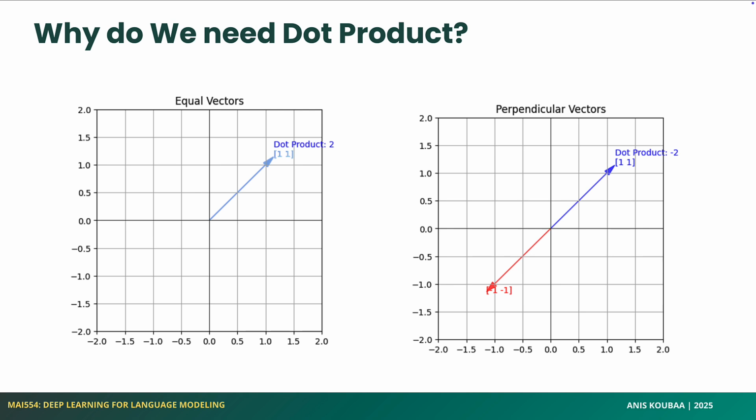Now, the question becomes: if I need to do a vector representation of words, how should I make it such that I can maintain the semantic similarity between the words?